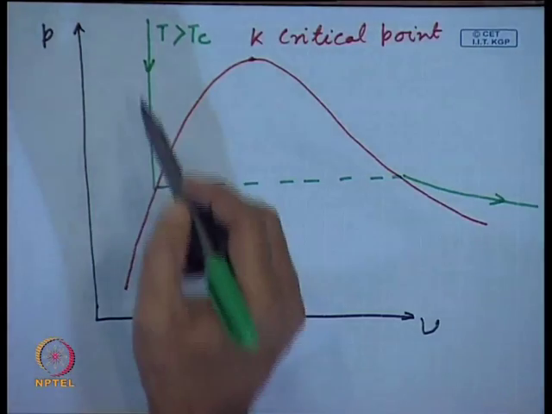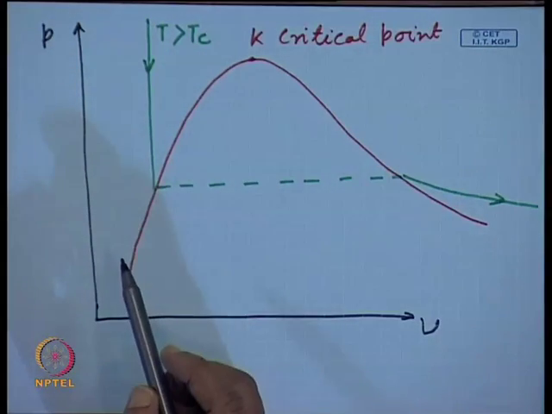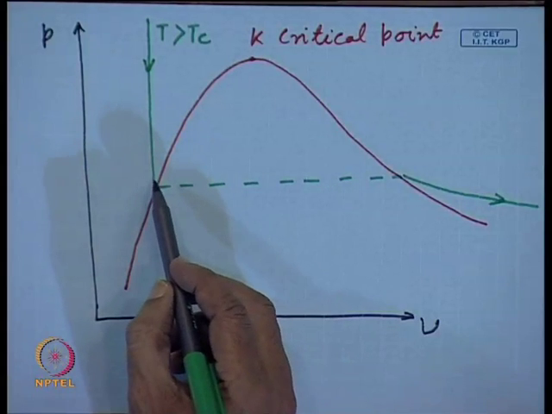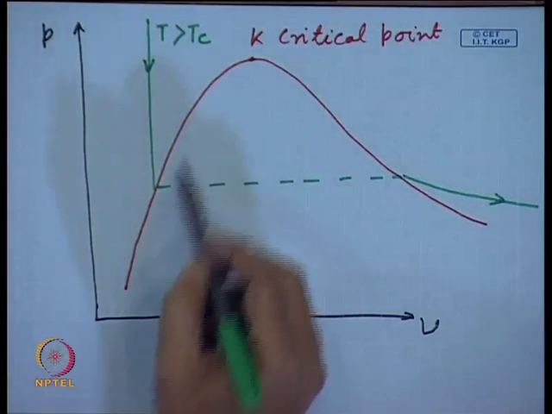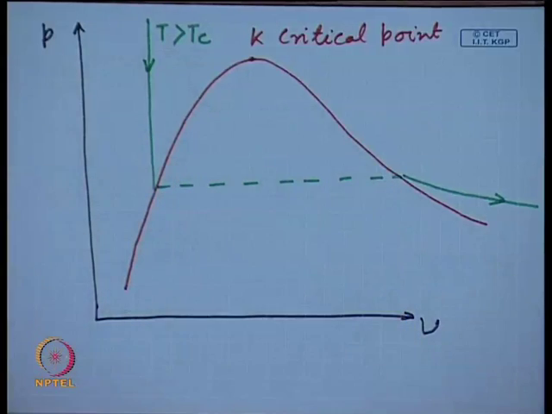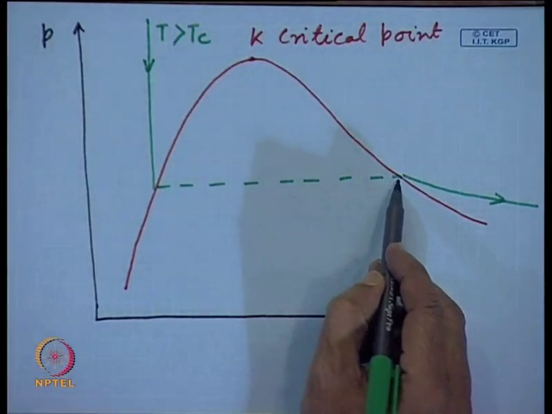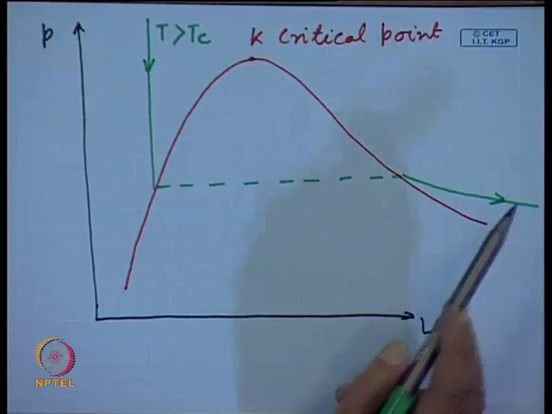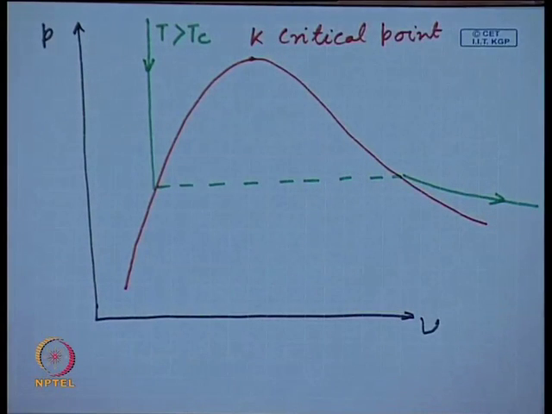Now, if we follow an isotherm, then as soon as it approaches the saturated liquid line, there is an abrupt change in the slope of this line, and again as soon as it approaches the saturated vapor curve, there is an abrupt change in its slope.